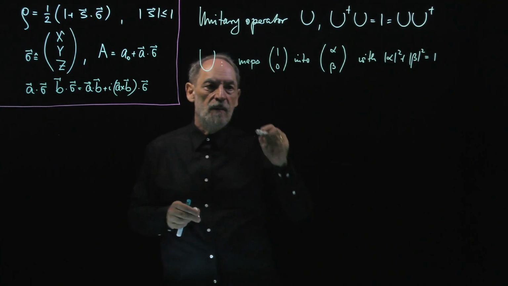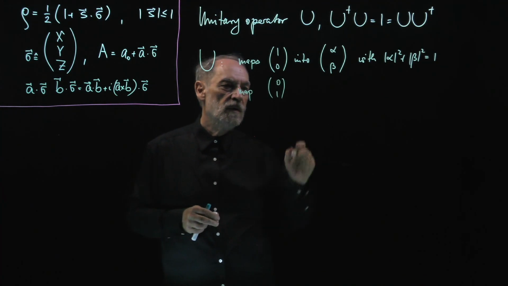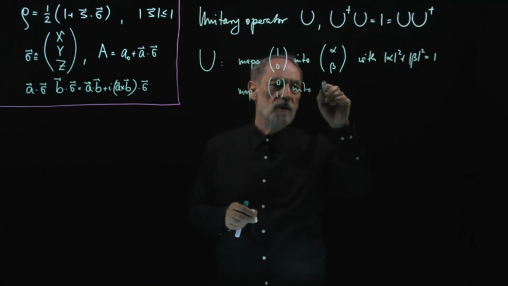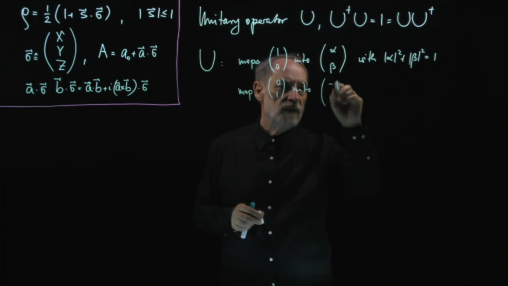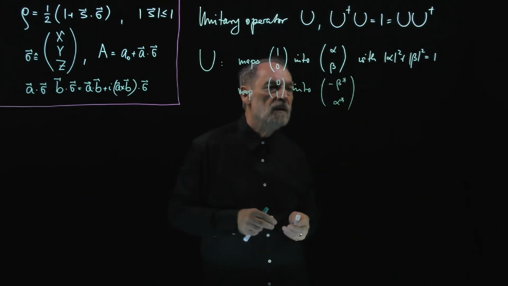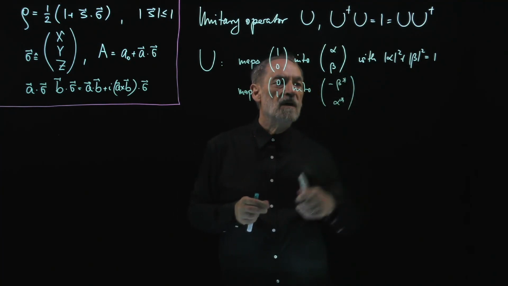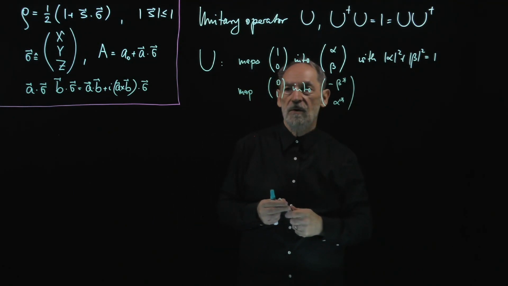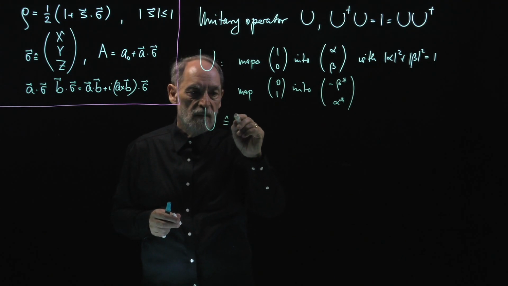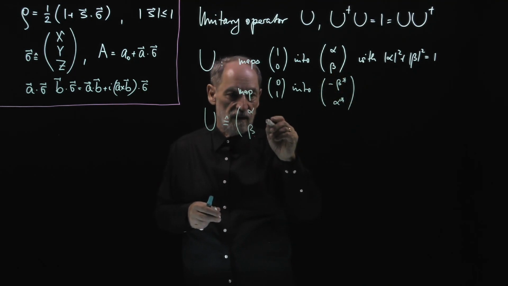And then it will map the 0, 1 column into a column that is perpendicular to this one, orthogonal to that one. And for that, we can take the column made of negative the complex conjugate of beta and the complex conjugate of alpha, and we can easily verify that these two columns are orthogonal, which means that the U that we are talking about is represented by the 2 by 2 matrix, which has these columns as its columns.